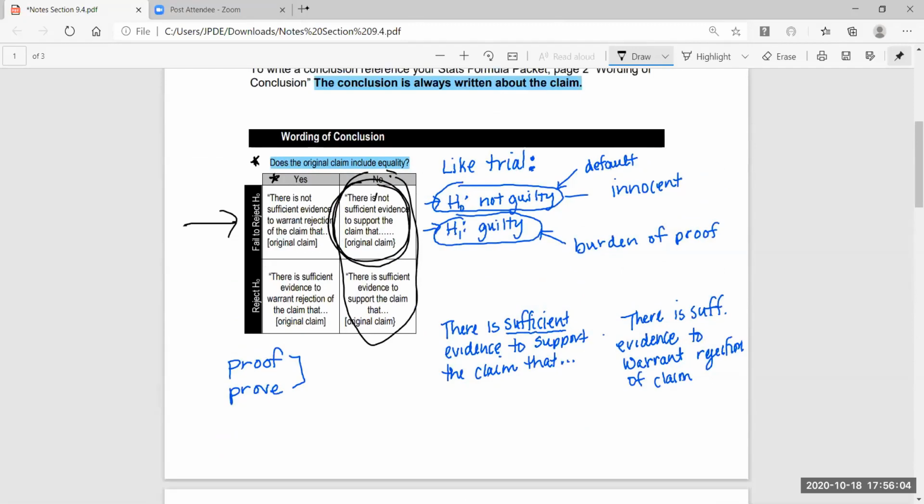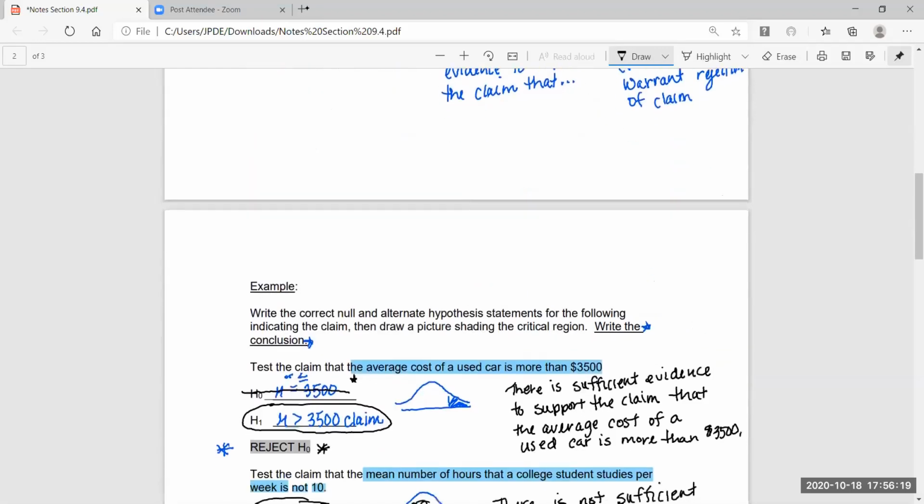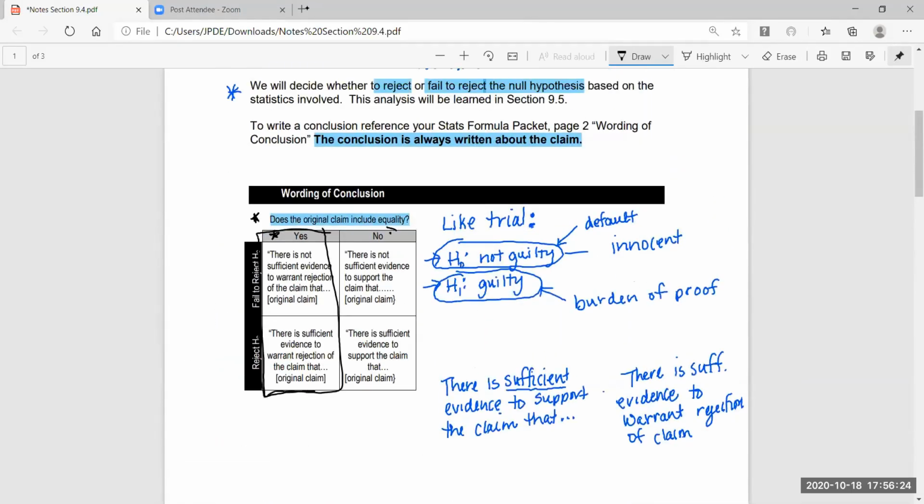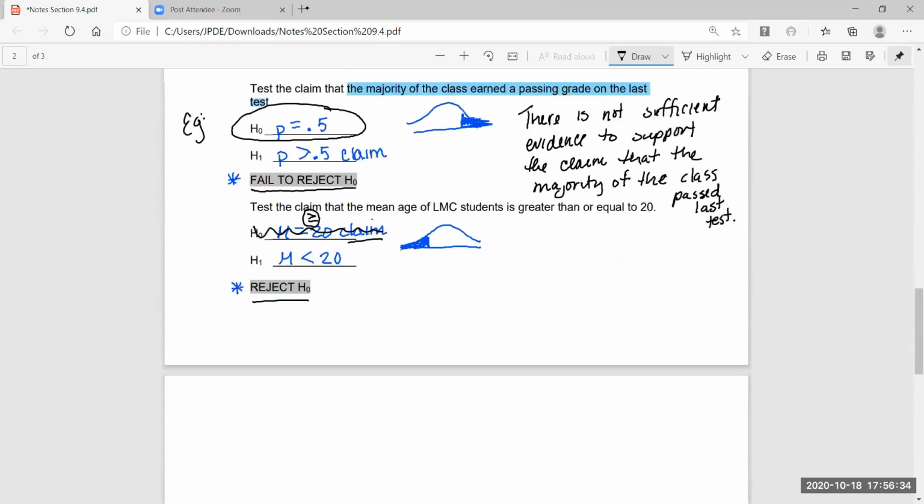So if we go back over here, your claim, does the original claim have an equals? Yes. We were rejecting, right? I don't remember now. Reject. We were rejecting. So here would be the overlap, and we have there is sufficient evidence to warrant rejection of the claim.